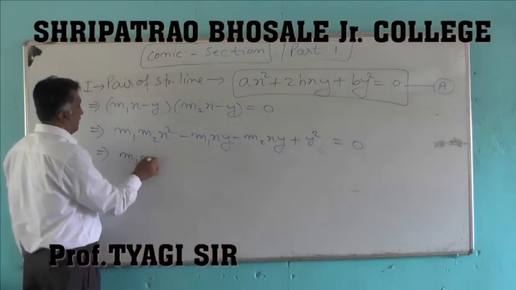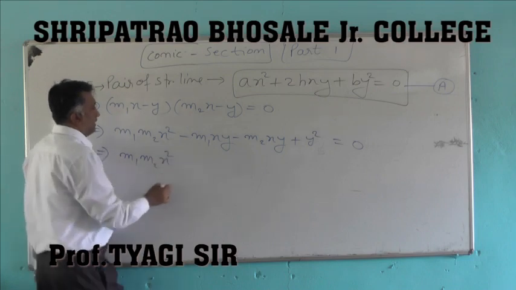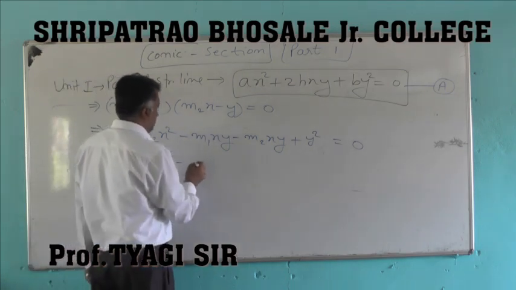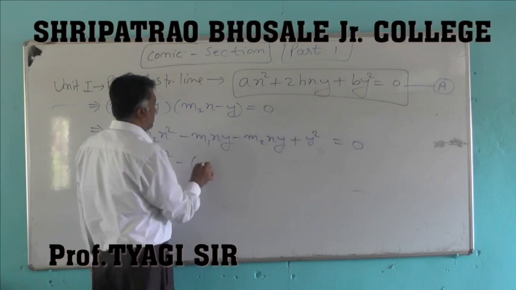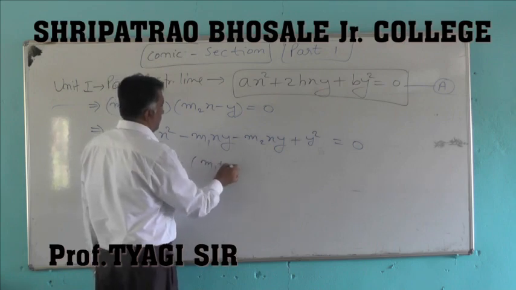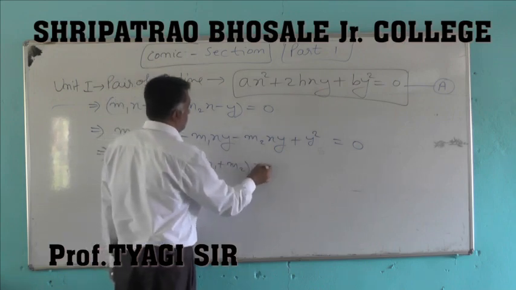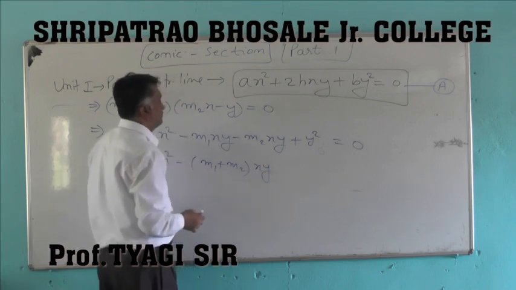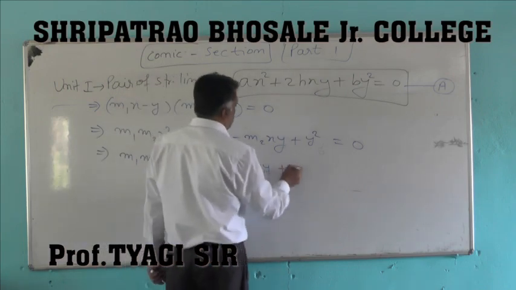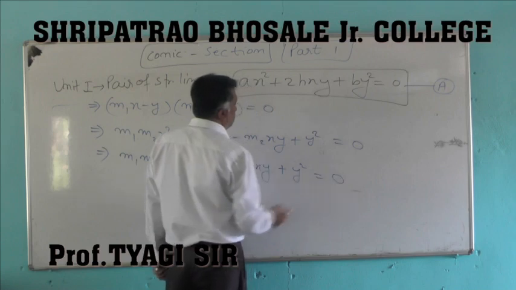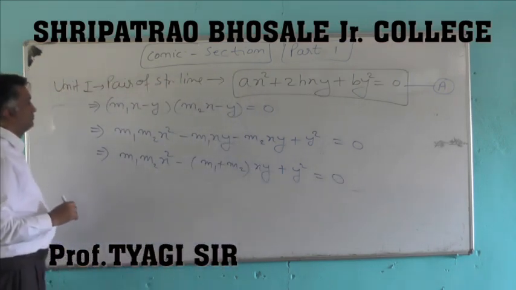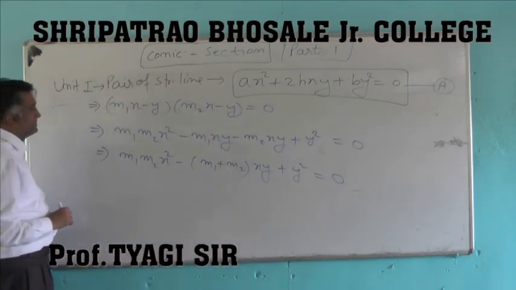Now m1 m2 x square minus (m1 plus m2) xy plus y square equal to 0. It is well.